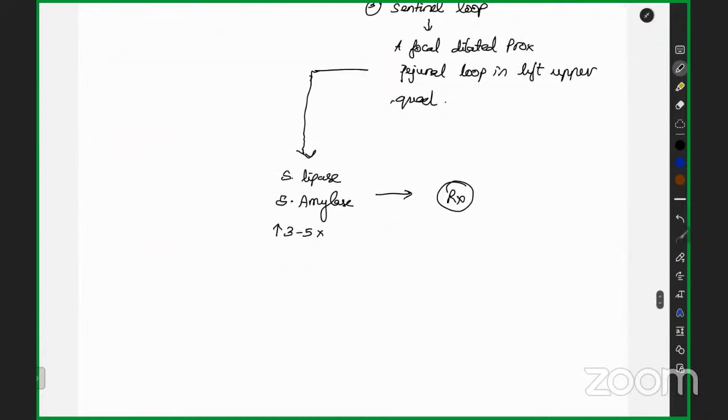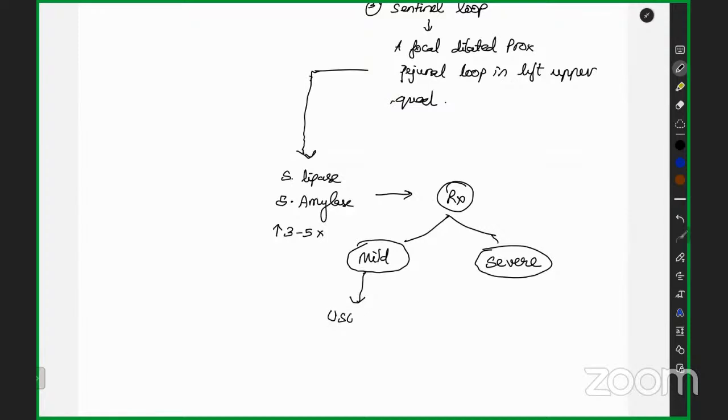Remember, you should never start with a CT scan immediately. You have to categorize the patient into whether the patient has mild symptoms or severe symptoms. Whichever it is, you are going to rule out stones by doing an ultrasound examination.